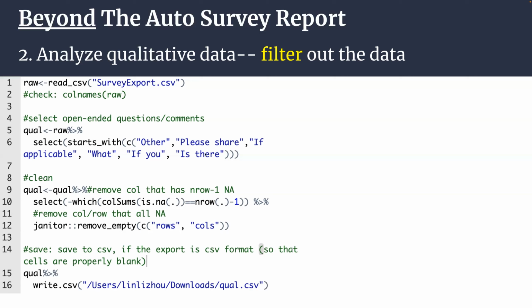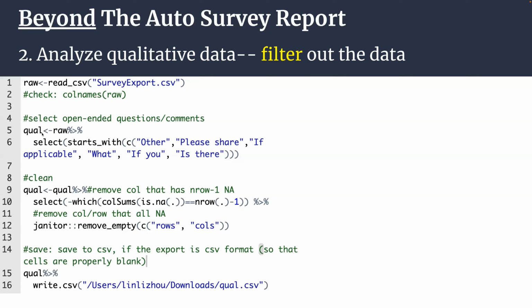For example, is there any suggestions? If applicable, can you share more? Or please share your experience, stuff like that. Those are the common starting texts of open-ended questions, just to name a few examples.